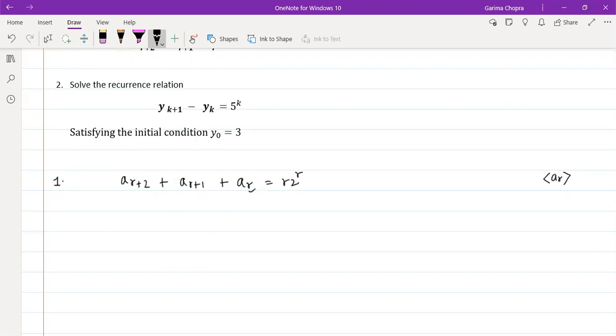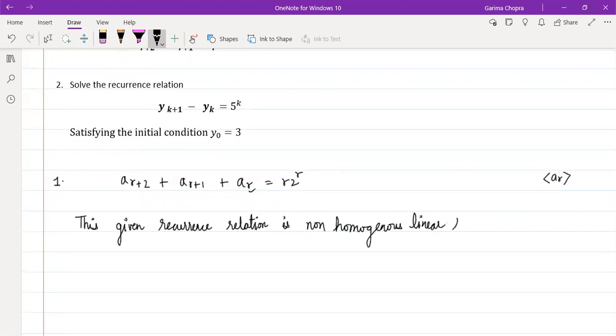So this given recurrence relation is a non-homogeneous linear recurrence relation with constant coefficients.